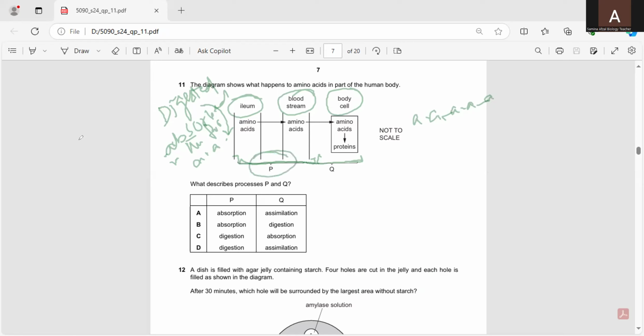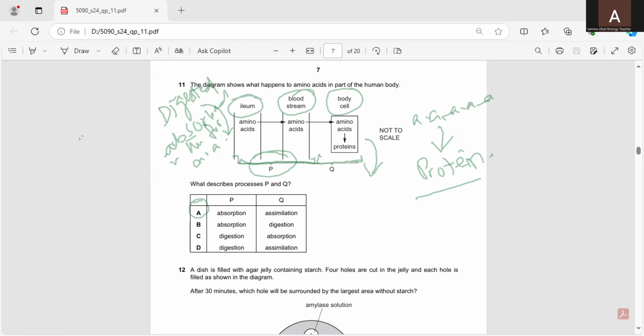Digested food is absorbed in the form of amino acids, and then amino acids are changing into protein. So it means the process of assimilation. So answer A is the correct answer. In option B, absorption is there, this is correct, but for Q, digestion, no, amino acids are changing into proteins.